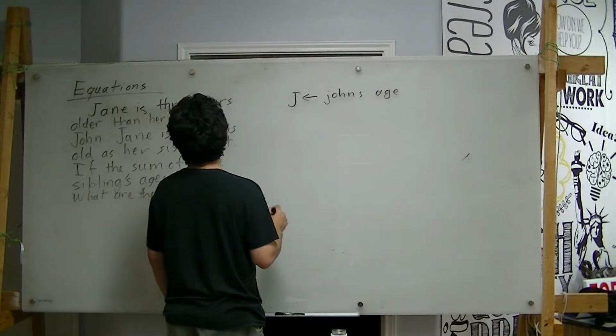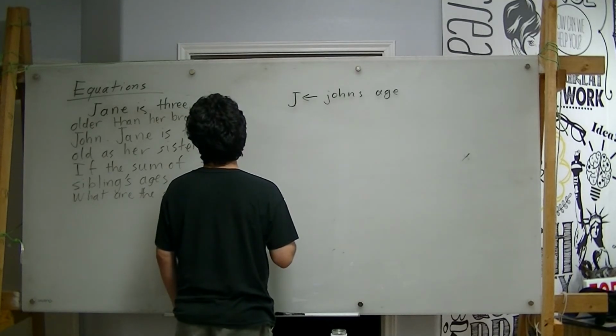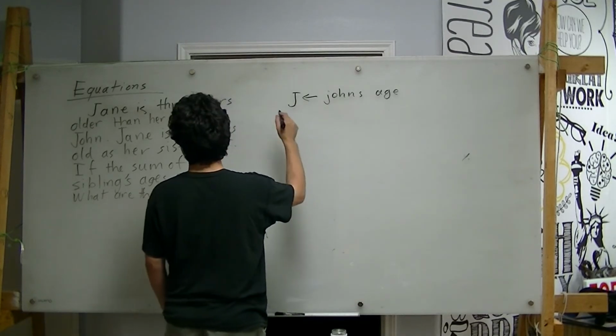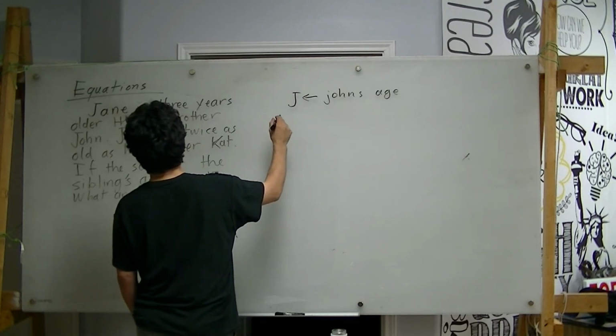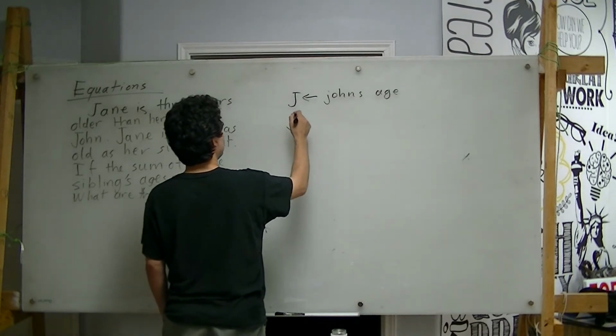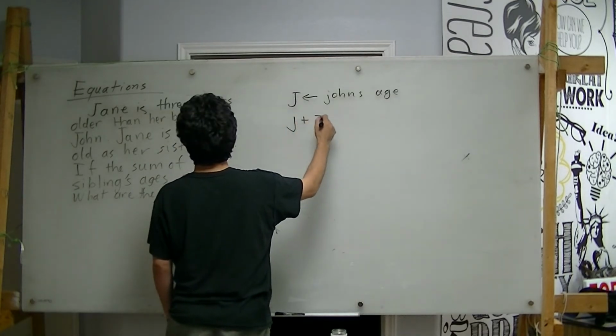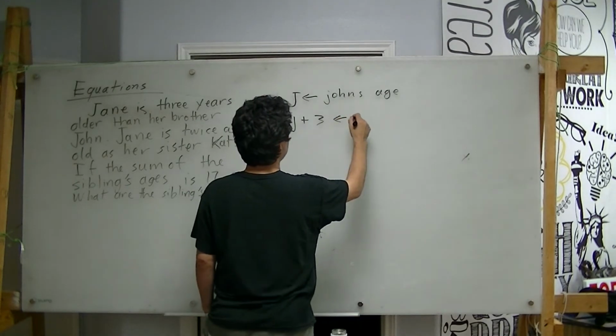So let's say J is John's age. Then Jane is 3 years older than John, so Jane would be J plus 3. This is Jane's age.